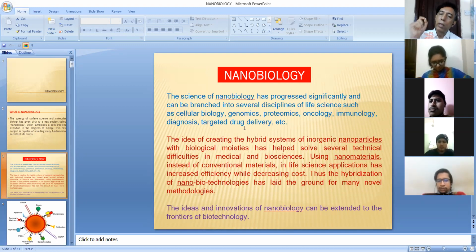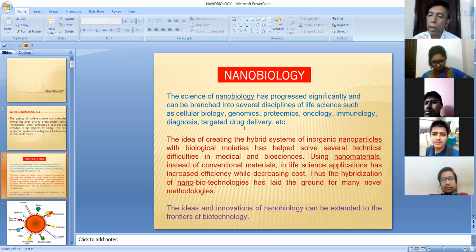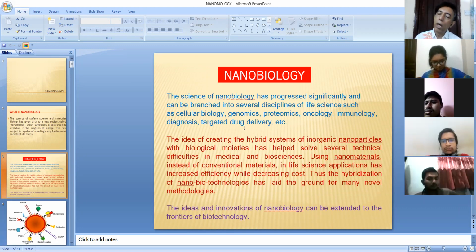If you have a pain in your knee, and the drug is delivered in the knee itself, not on other parts of the body, then it is targeted drug delivery. So nanobiology works in all these fields.